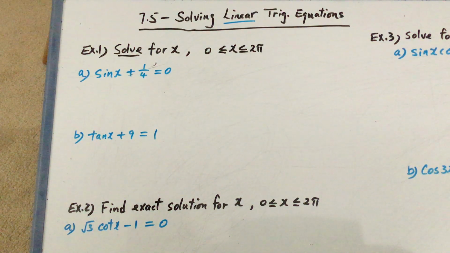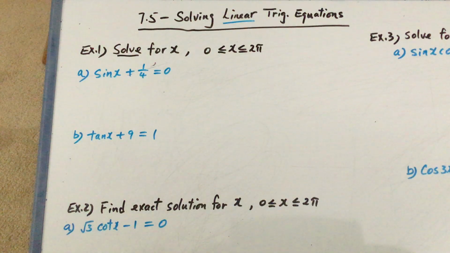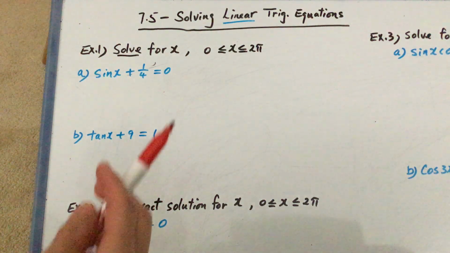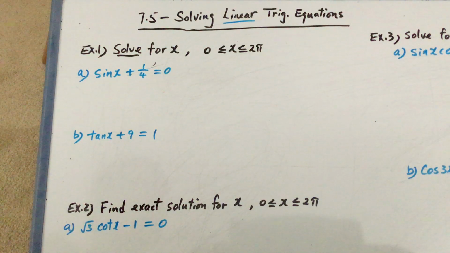So if you look at example number 1 from the worksheet, solve for x, and please always pay attention to the given domain, because a trigonometry equation is a continuous function, so it just never ends. The wave of the trig functions will repeat itself one cycle after the other cycle.